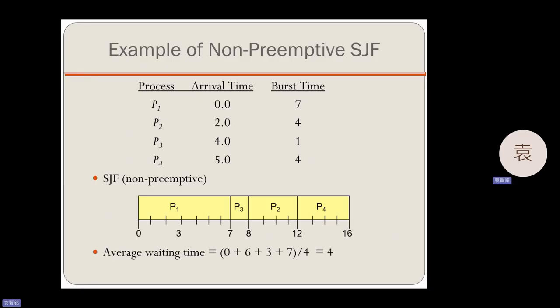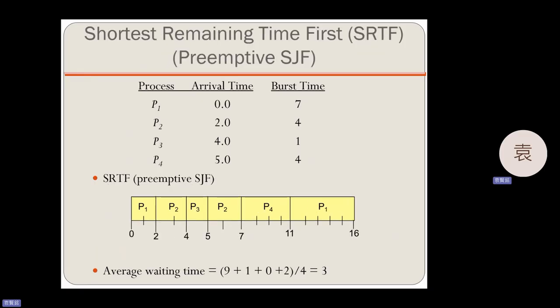This kind of scheduling is called preemptive shortest job first, or sometimes we call it shortest remaining time first. So shortest remaining time first is also preemptive shortest job first, for the same set of processes P1, P2, P3, P4 with the same arrival times and burst times.